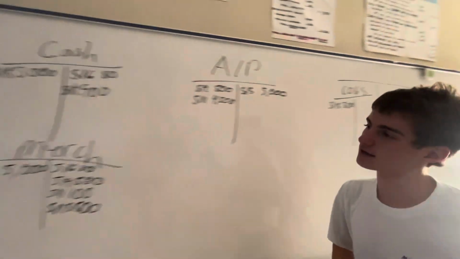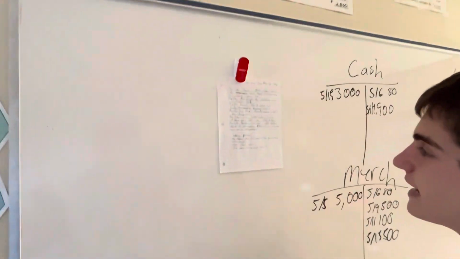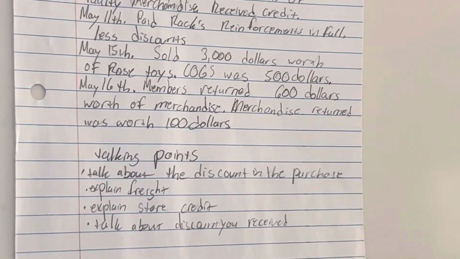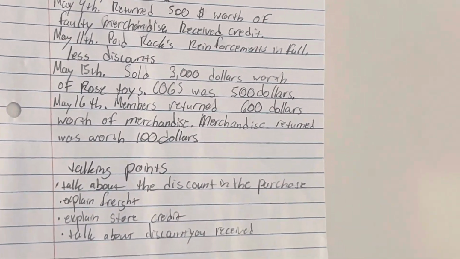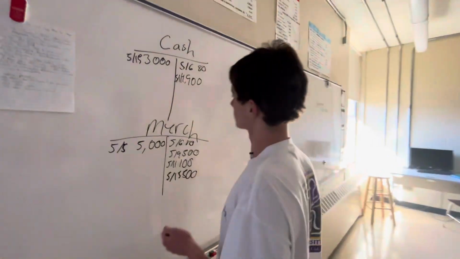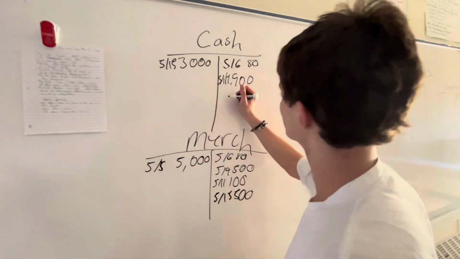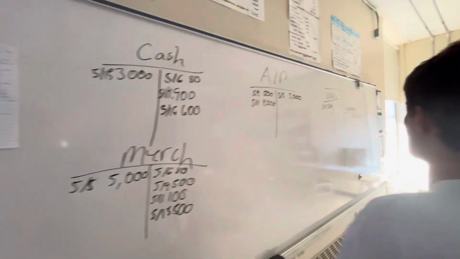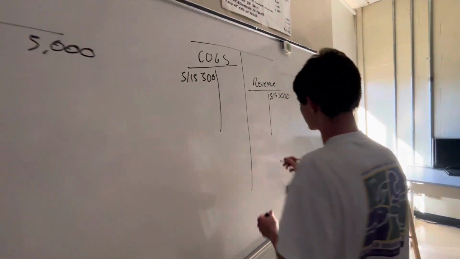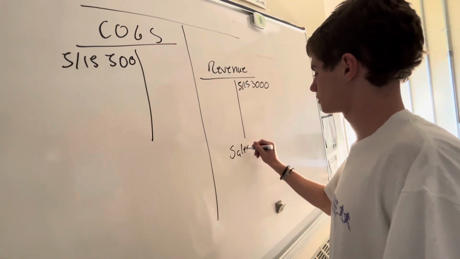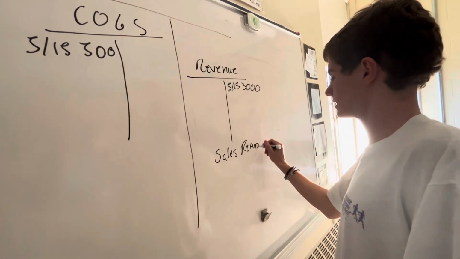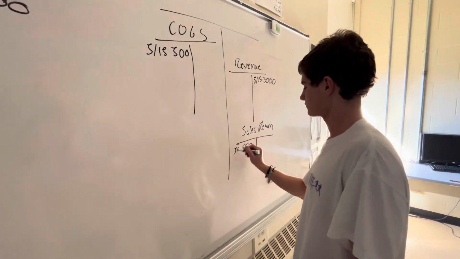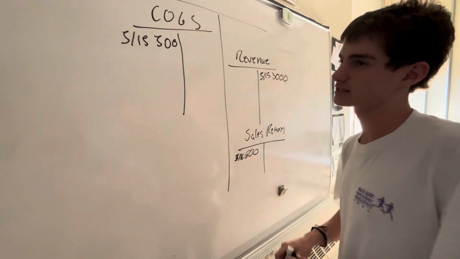All right. Splendid. And so our last day, May 16th, members returned $600 worth of merchandise, and the merchandise returned was worth $100. Since they returned some, we have to give them some money back. So we lost $600. And then we come over here and we create our sales returns T account, and then we would put $600, 5/16 on the debit side.